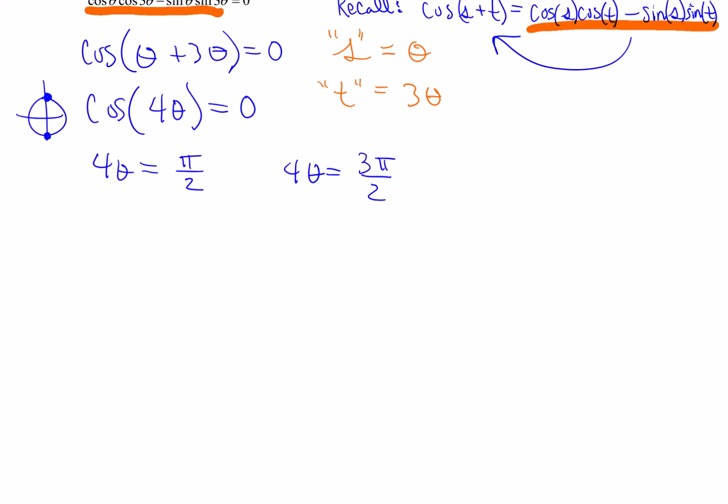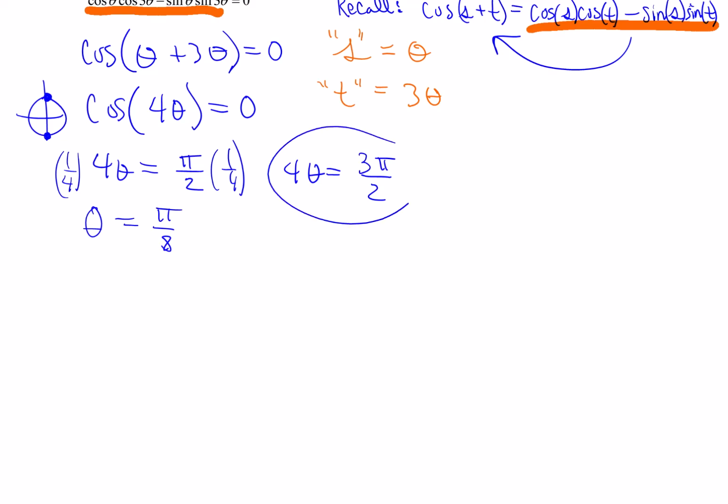And like we've done already with some of these, we're going to solve for theta by dividing both sides by 4. So if we have 4 theta equals pi over 2, and I multiply by 1/4 on both sides, that means I have theta equals pi over 8. It was pi over 2, but I'm multiplying that by 1/4, so pi over 8 it is.